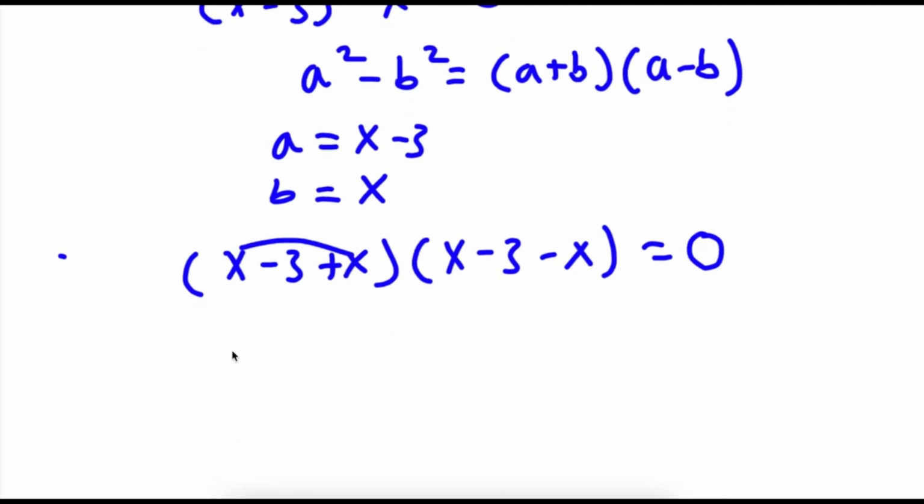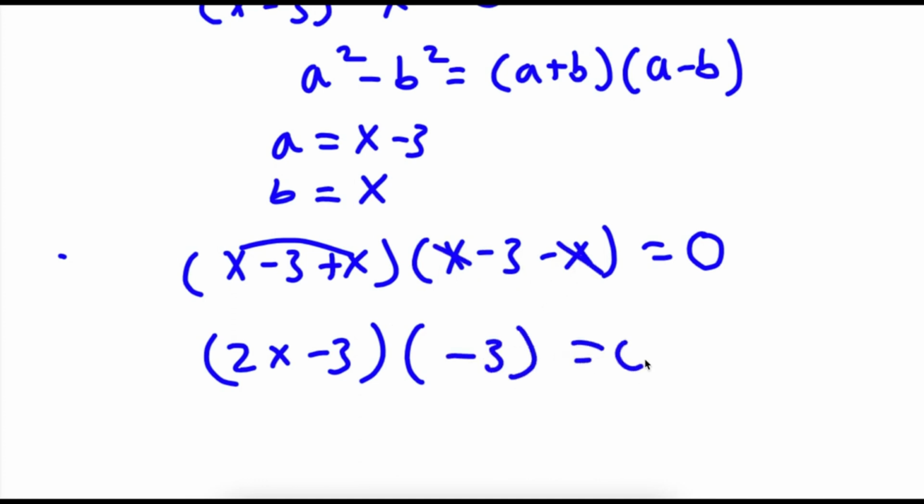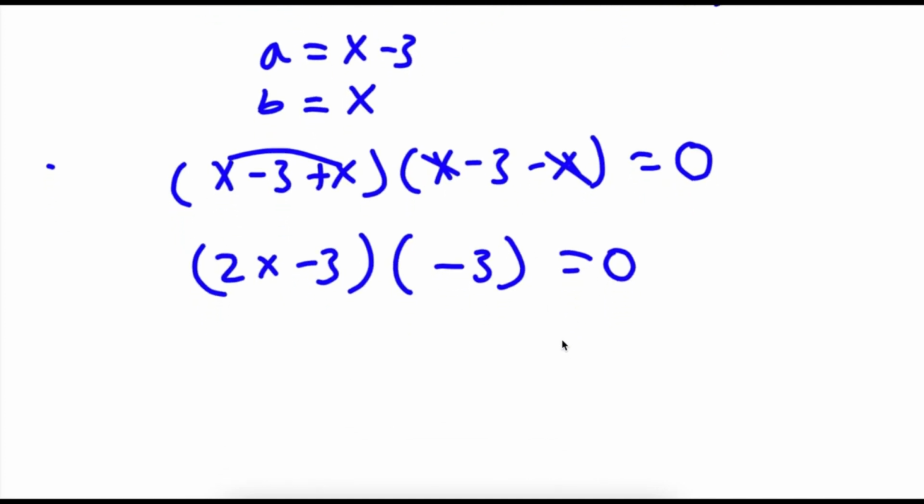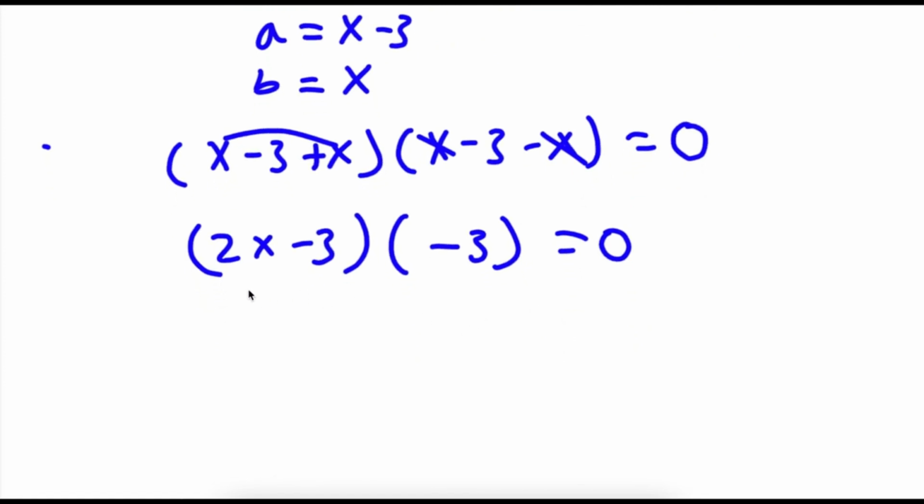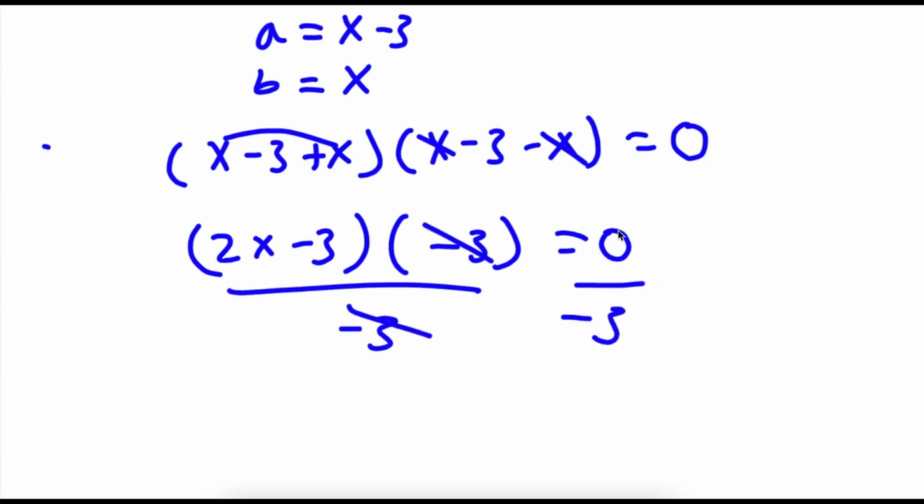This is equal to 0. Now x plus x is 2x, so now I have (2x minus 3) times, these two will cancel out, so simply just negative 3, is equal to 0. Now, if I divide both sides by negative 3, these two cancel out, and I have 2x minus 3 is equal to 0 over negative 3.